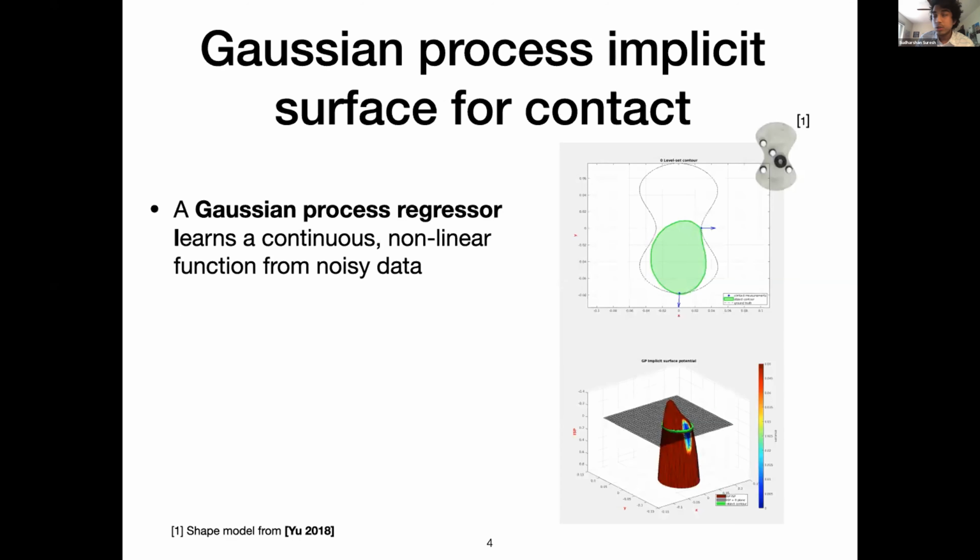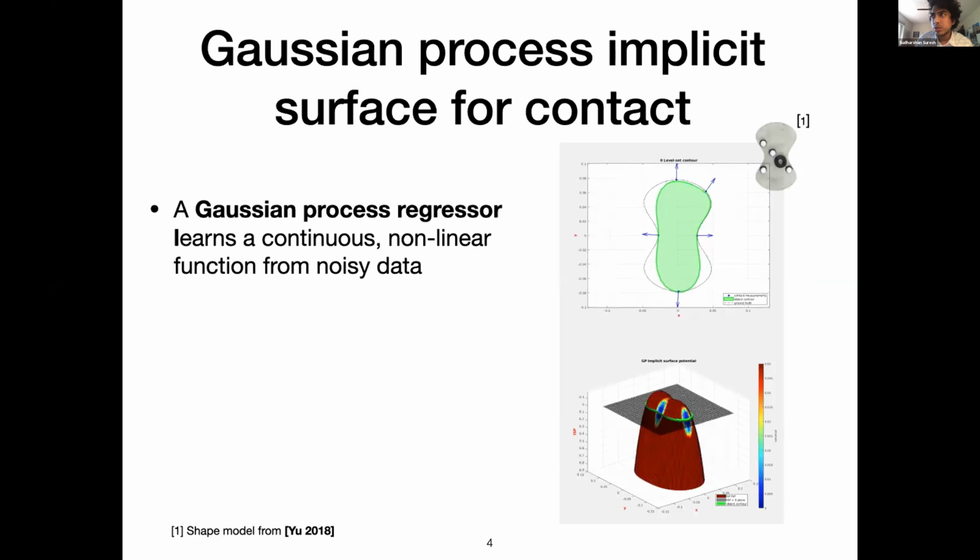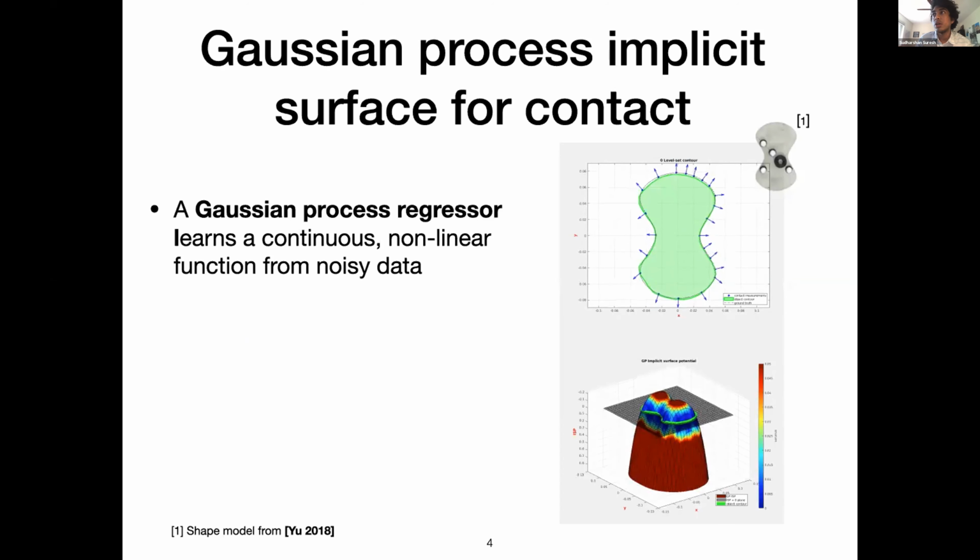To go towards the question of shape representation, we think about using Gaussian process implicit surfaces, which plainly put are regressors that learn a shape representation from sparse contact points and normals to an actual function that represents the surface of the object.